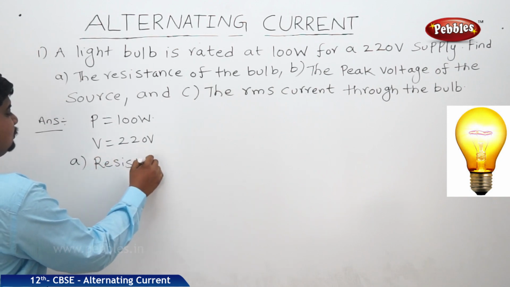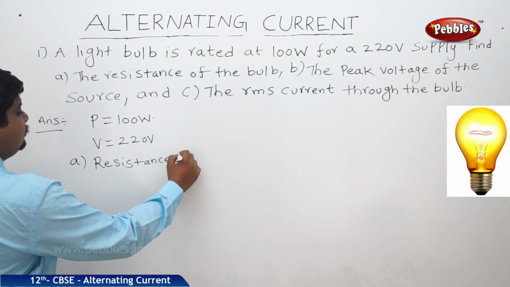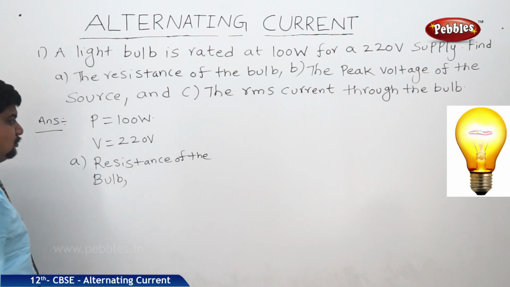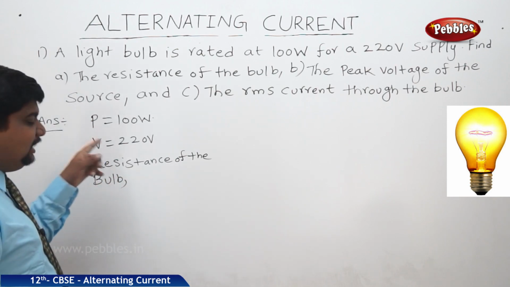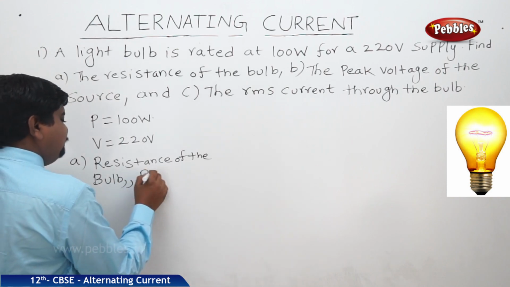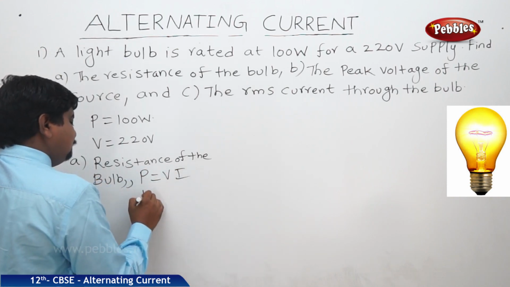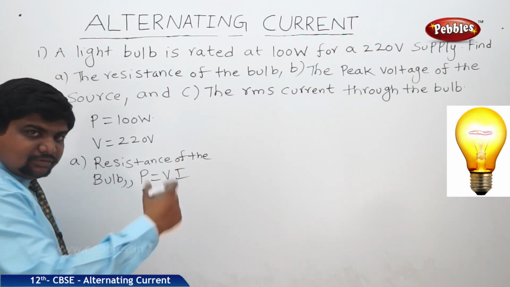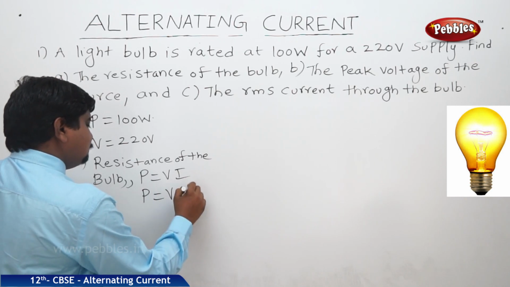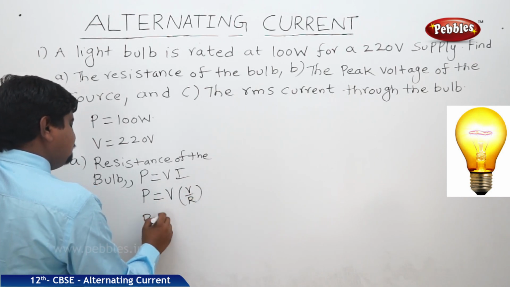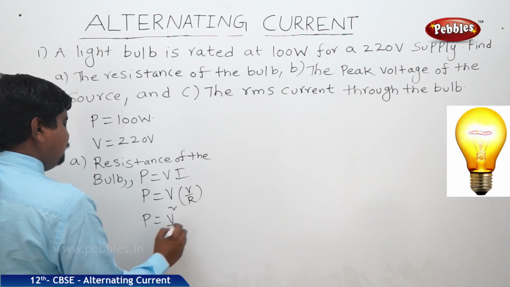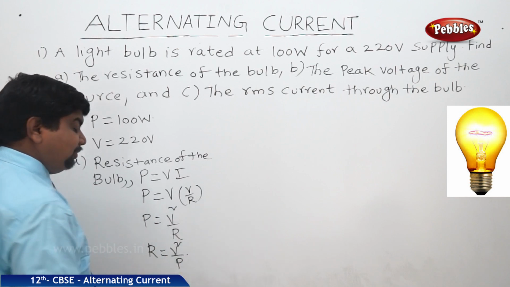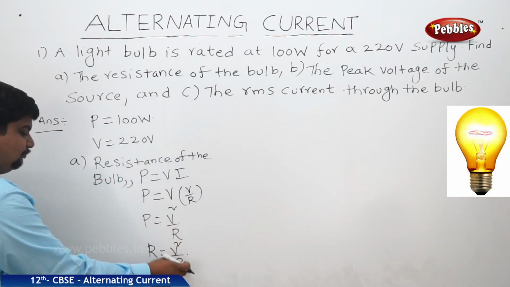First bit, the resistance of the bulb. What is the relationship between P, V, R? We know that P is equal to VI, and converting, I is equal to V by R. Therefore, P is equal to V square by R. From this expression we can write R is equal to V square by P. So, V is there, P is there.